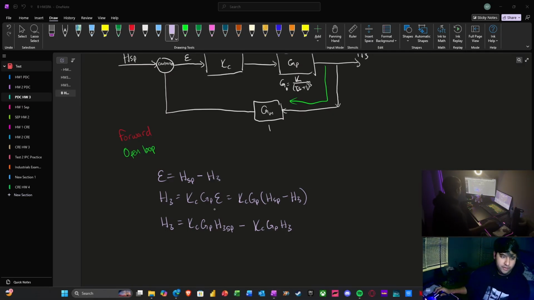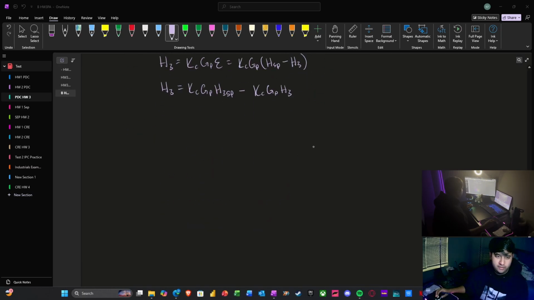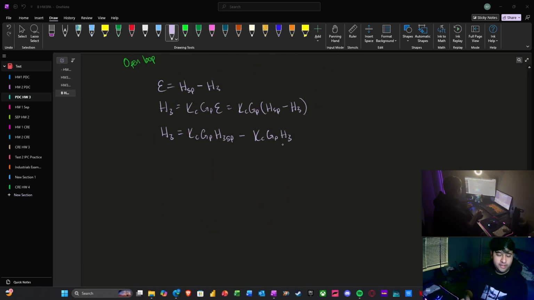Now we want to isolate our H3. However, we have 2 of them, so we're going to have to do a little bit of mathing. If we move that over, we get this right here.